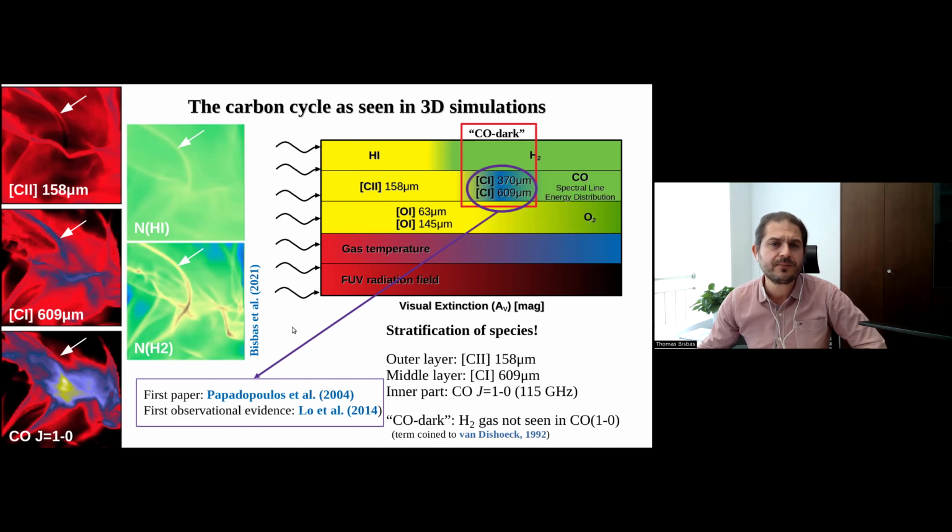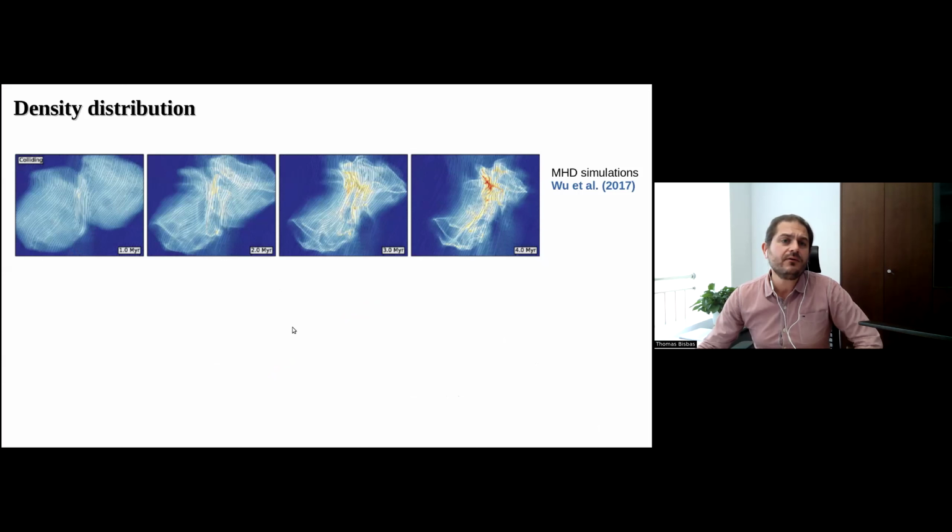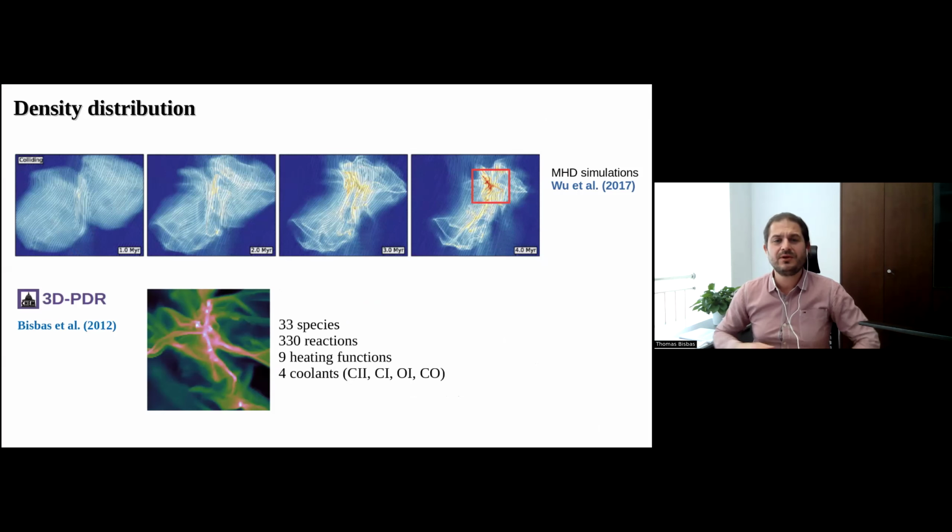Now I will focus a little bit more on models. So the image that you saw before and also the images that I will show you later are all done with 3D-PDR, in which we post-processed a part of a cloud collision simulation, which was done by Benjamin Wu in 2017.